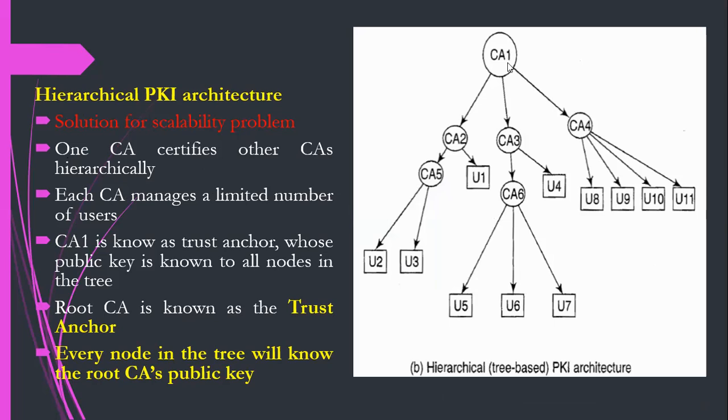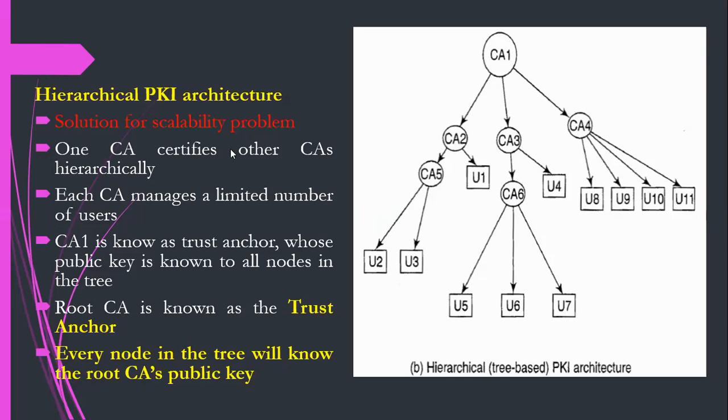Here you see, one certification authority, CA1, can certify other CAs, like CA2, CA3, CA4, and so on. Even CA2 can certify CA5 and user 1. Under CA5 you have user 2, user 3, etc. CA3 can certify CA6, and CA6 will certify user 5, user 6, user 7, and CA4 will certify user 8 till user 11.